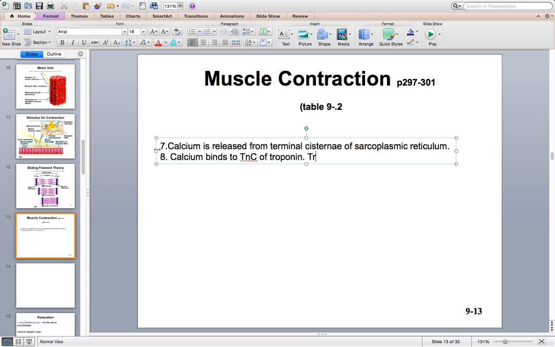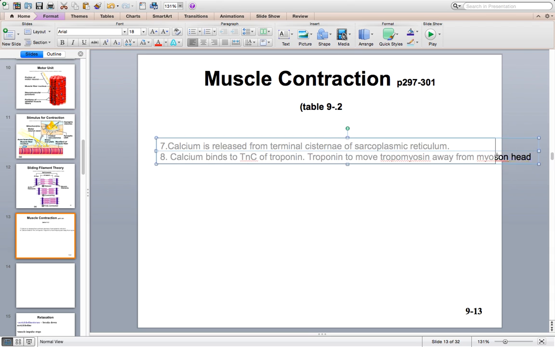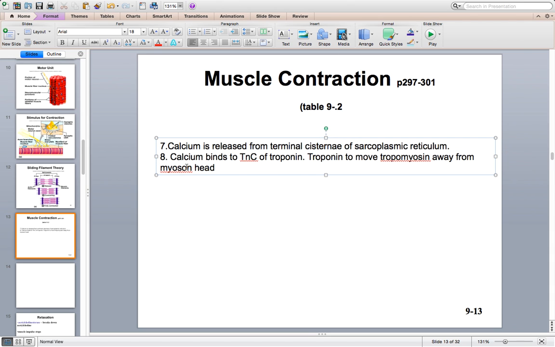And then that causes troponin to move tropomyosin away from the myosin head binding sites on G-actin.